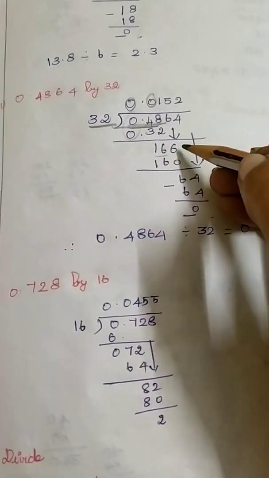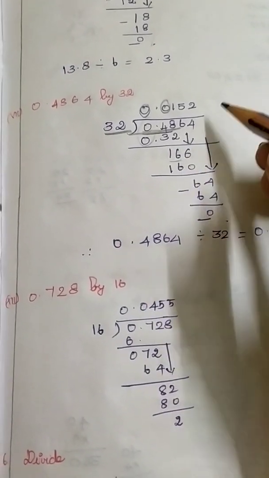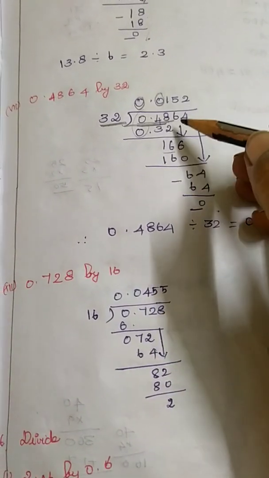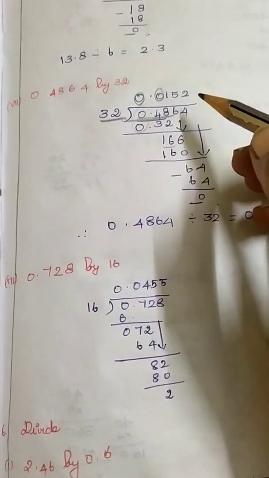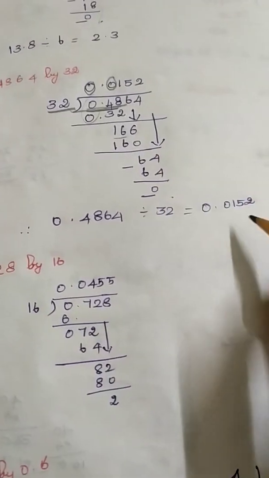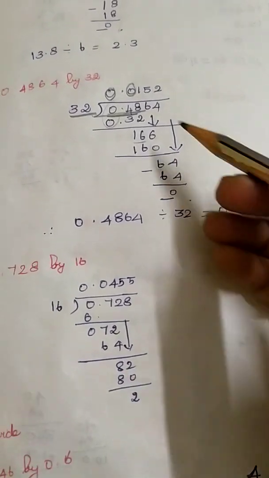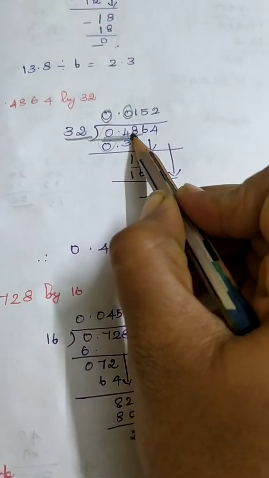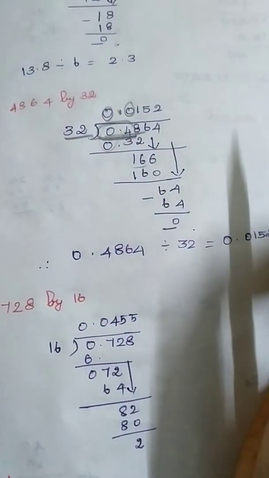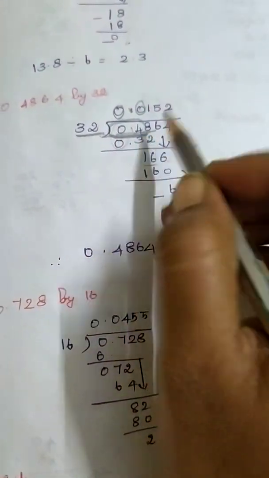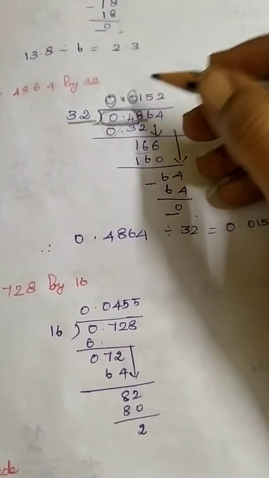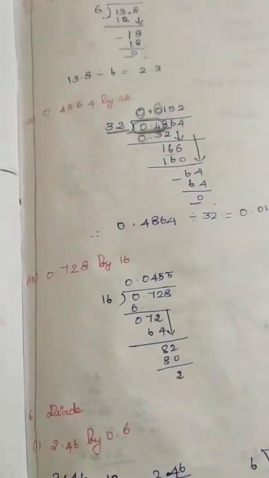Bringing the next digit 6. 166. 5 times 32 is 160, subtracting, remainder 6. Bringing the next digit 4. 32 2s are 64. So you are getting a remainder of 0. Quotient is 0.0152. So here, you have a decimal point, so you are keeping the decimal point in the quotient. Since the first 2 digits are smaller, you are taking the third digit, so you are using 0 in the quotient. This is what you have to understand.